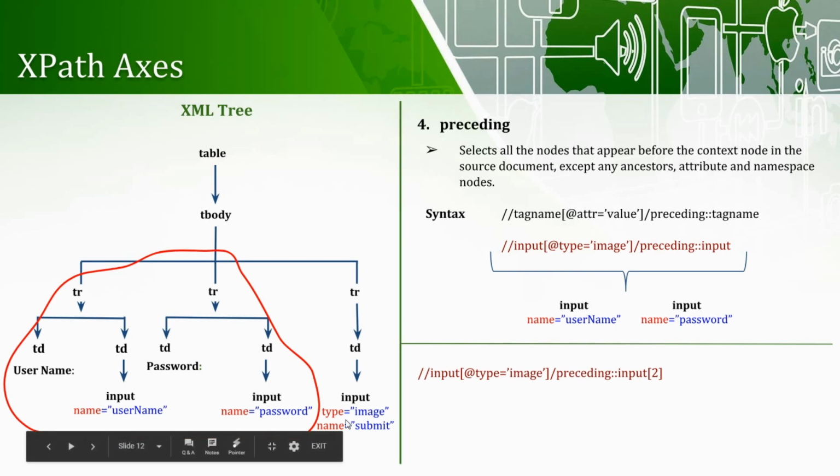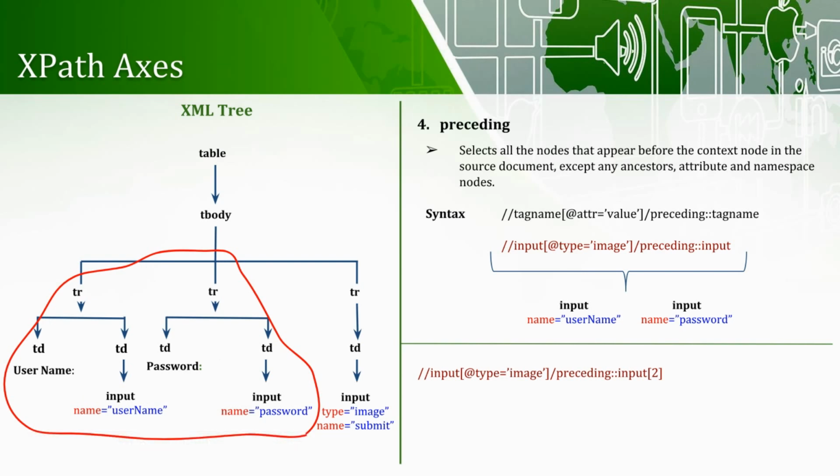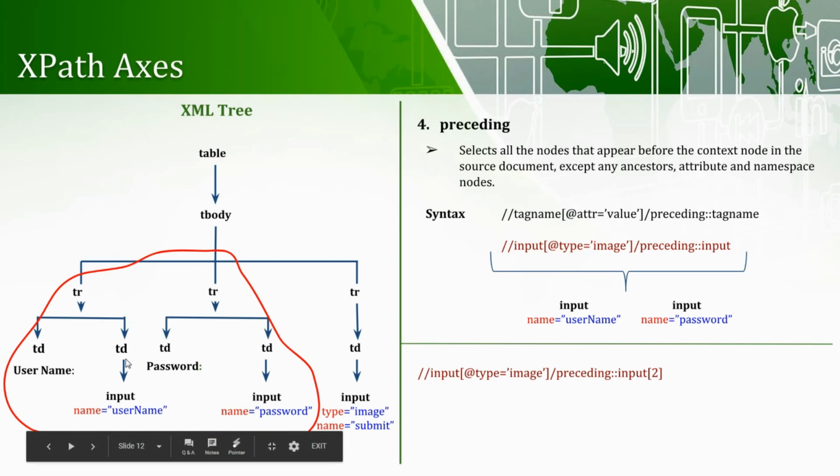So this input becomes our context node and then we have to select the preceding of this context node. So all these things come under the preceding of this input node. Then I am saying input. Now under this highlighted section, I have two nodes whose tags are input. First username, second password. Then I'm saying 2. So I'm using index 2.